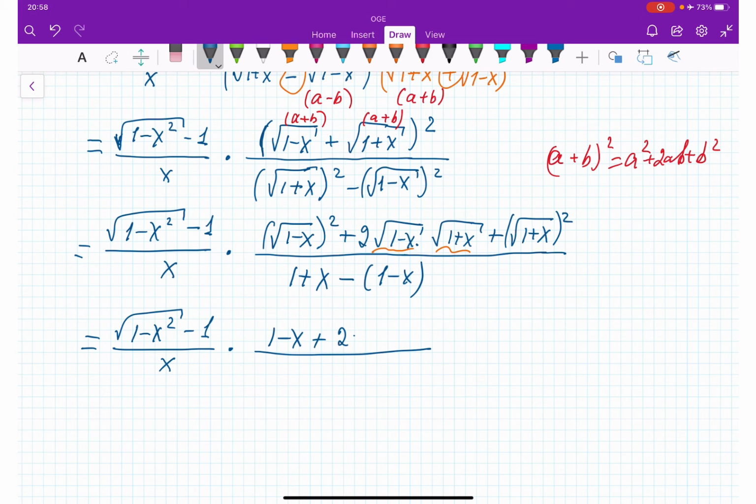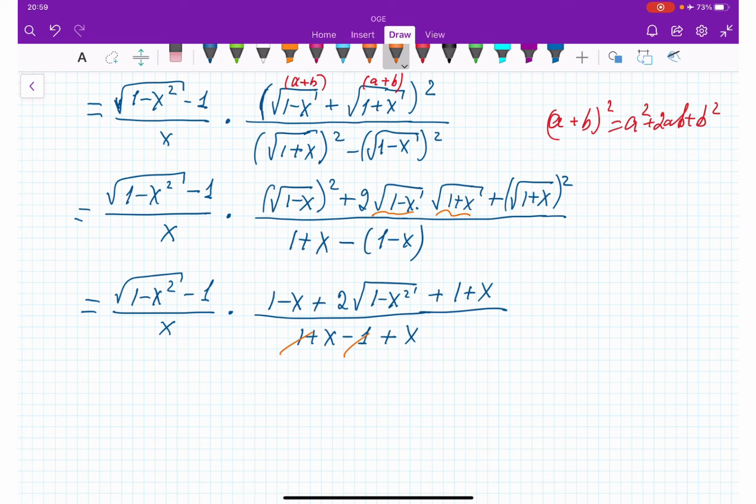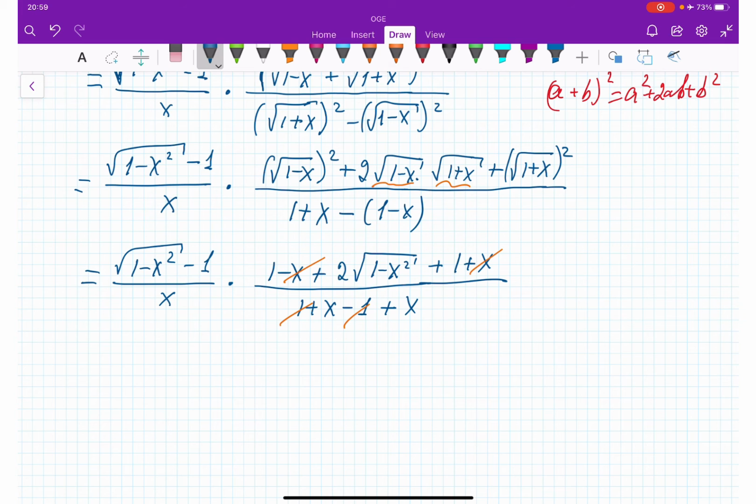And square root of 1 minus x squared. And plus this one will be 1 plus x. Divided by 1 plus x minus 1 plus x. So 1 and 1 is gone. All right. And in the numerator also, x is gone. So I will have 2 plus 2 square root, okay, let me write it down, x squared minus 1 divided by x.